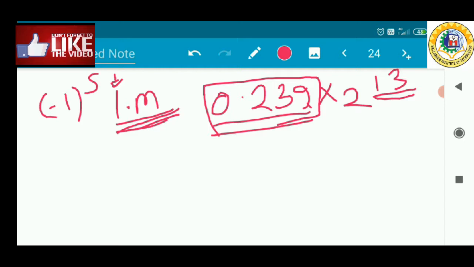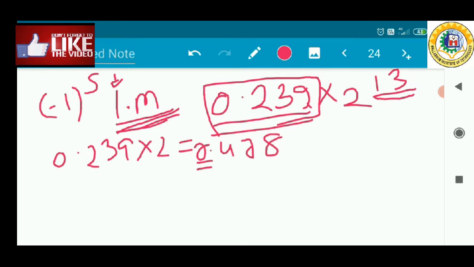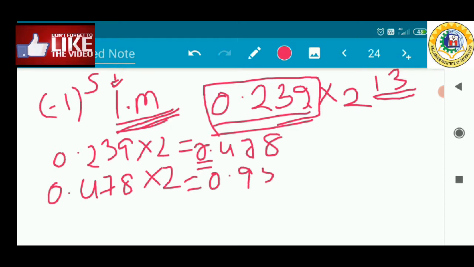While converting to binary, you know the rule. 0.239 into 2 is 0.478, so 0 is there. Next 0.478 into 2 is 0.956, so again 0.